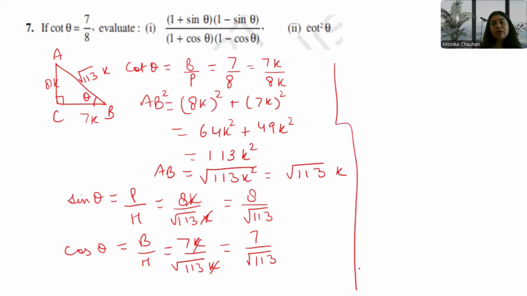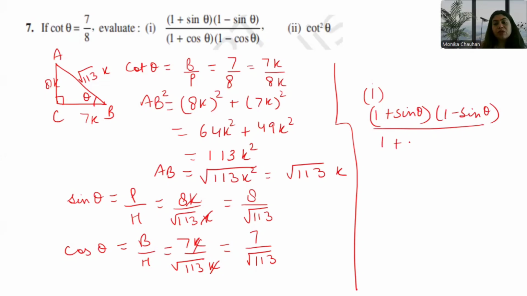What is the value you have to calculate? Evaluate means find the value of. You have to calculate 1 plus sine theta, and in the bracket 1 minus sine theta, upon 1 plus cos theta and 1 minus cos theta.